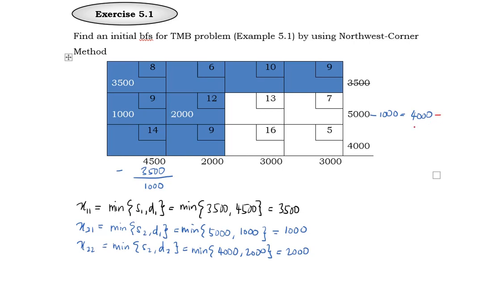So now S2 is 4,000 minus 2,000, which is 2,000.